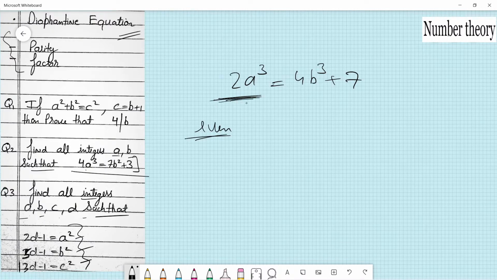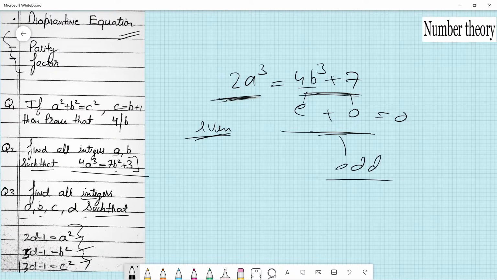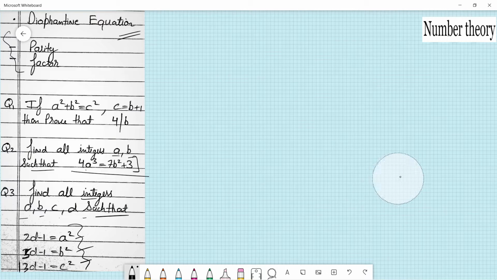And on the right hand side, since this is even and this is odd, their sum will be odd. Right hand side is coming out to be odd, so this equation will never have a solution because an even number can never be equal to an odd number. So this is what parity is. Both left hand side and right hand side have to have the same parity. That means both have to be even or both have to be odd.